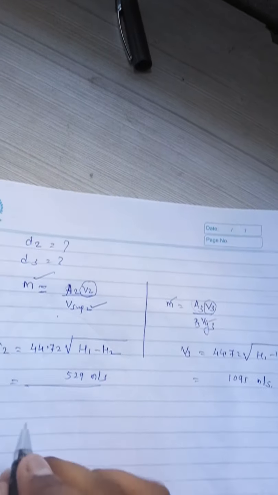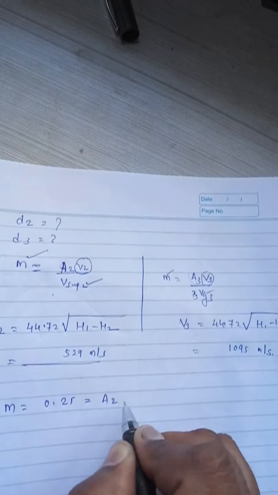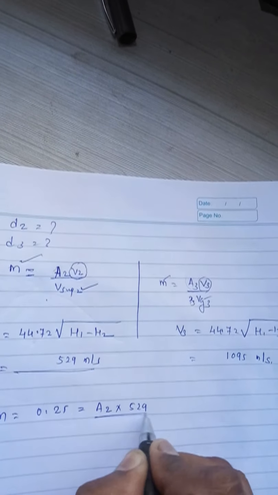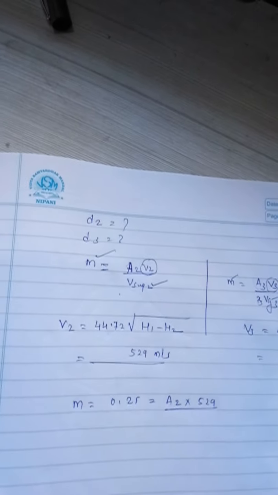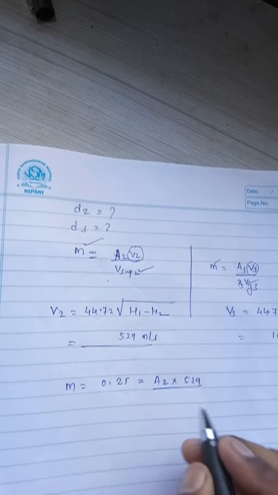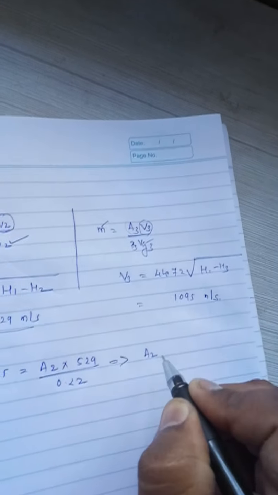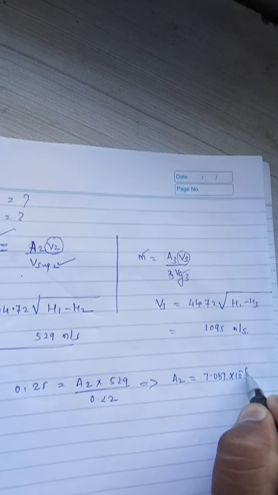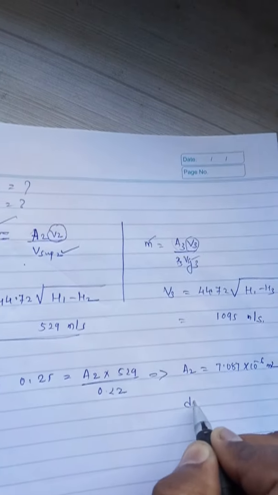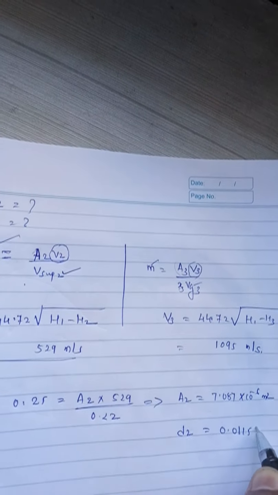Now substitute the values. So M, you know that M is equal to 0.25, equal to A2 into V2, which is 529, divided by V superheated 2, which is 0.22. From this you will get the answer as A2 is equal to 7.087 into 10 raised to minus 6 meter square. From this you will get D2 is equal to 0.0115 meter.